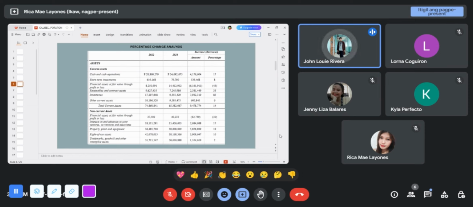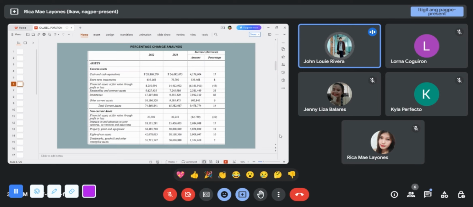Example: years, quarters, two companies, actual and budgeted data, and other bases of analysis. The difference could either be an increase or decrease, both in amount and percentage. A percentage change can be computed by dividing the change in amount over the base, as expressed below. Percentage of change is equal to amount of change divided by base.